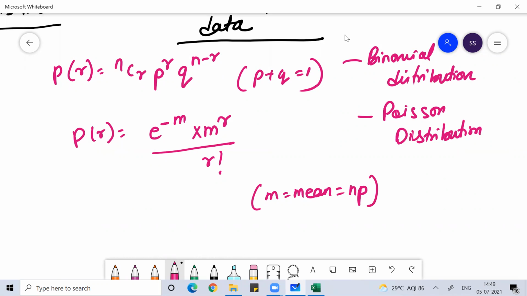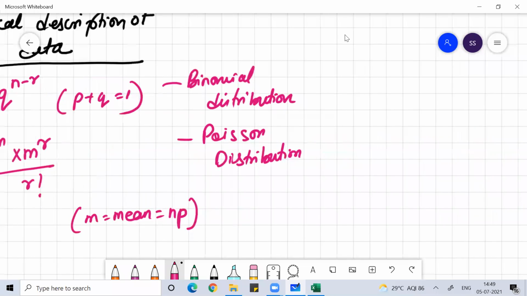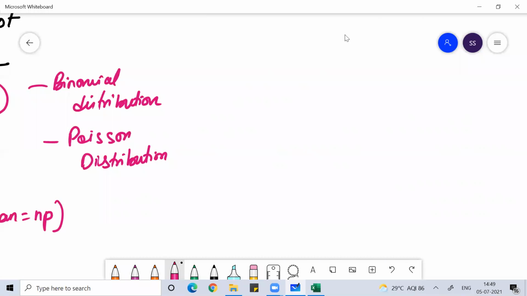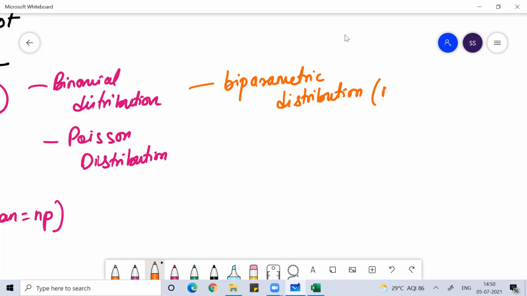Binomial distribution is a biparametric distribution, which has two parameters, n and p.